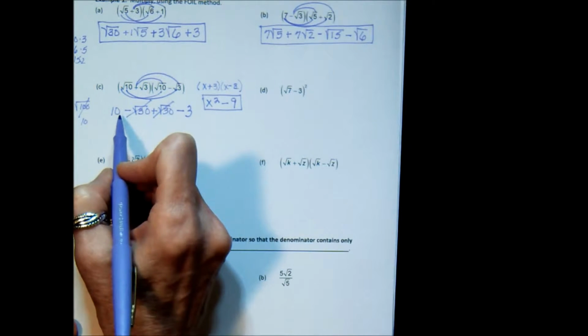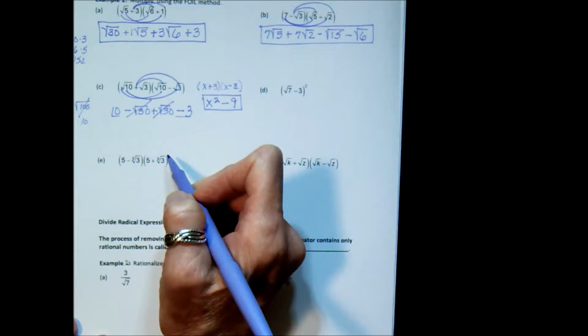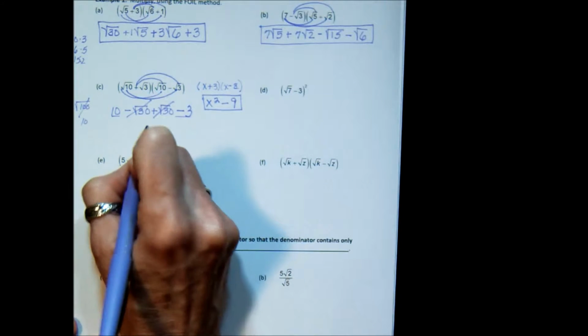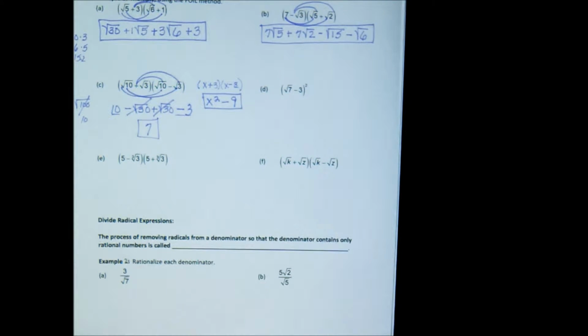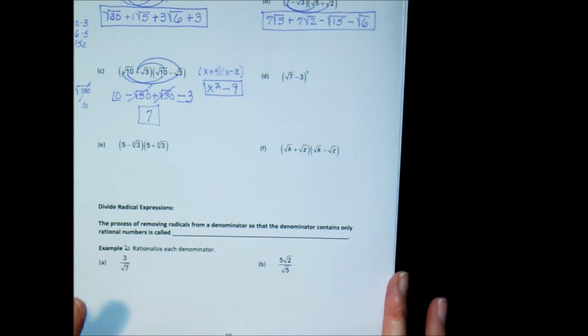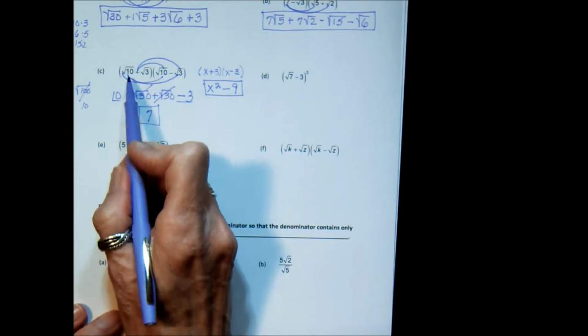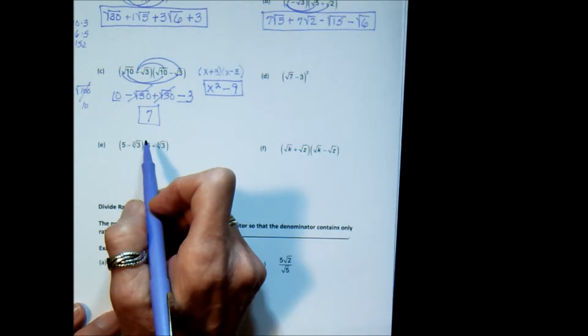But with the radicals in this case, my 10 and my negative 3 are like terms, so I have to combine them, and I end up with just one term, 7. So you really have to pay attention with radicals when the radicals disappear, because you multiplied times itself, you end up with numbers that can combine.